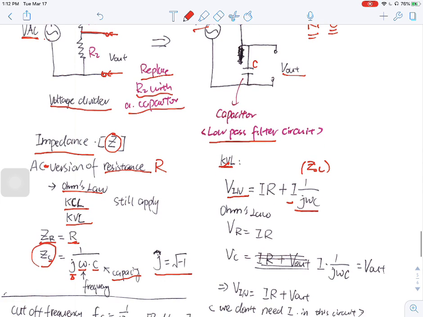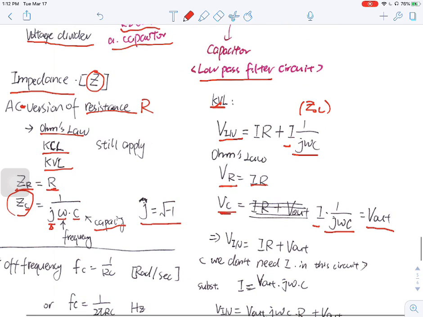And then we can use Ohm's law to rewrite VR equals just IR, and VC, the voltage drop on both ends of the capacitor, equals I times ZC, which is the V out, right? And then we can rewrite this V in equation to V in equals IR plus V out.